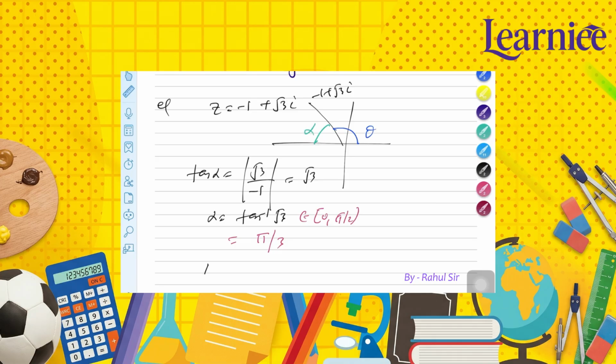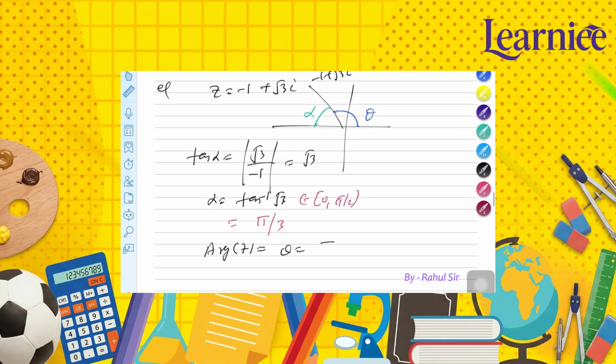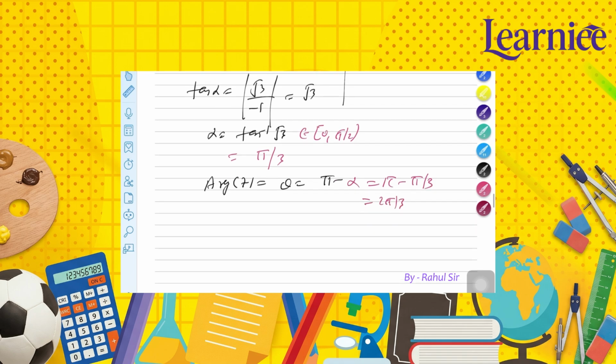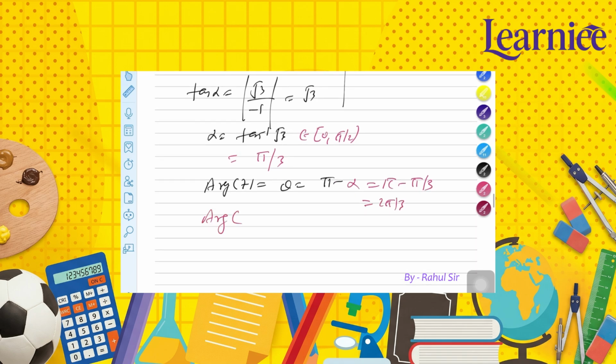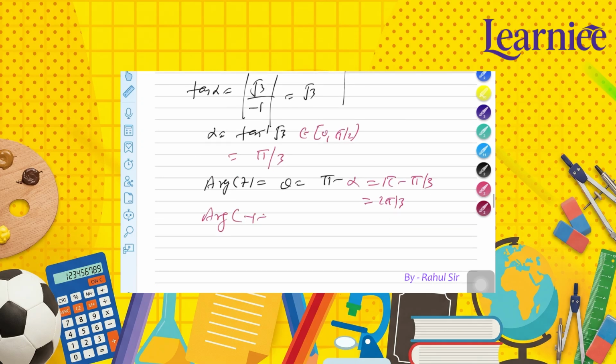So the argument of z, that is minus 1 plus root 3i, is theta, which is pi minus pi by 3, that is 2 pi by 3. So I can say the argument of this complex number minus 1 plus root 3i is 2 pi by 3.